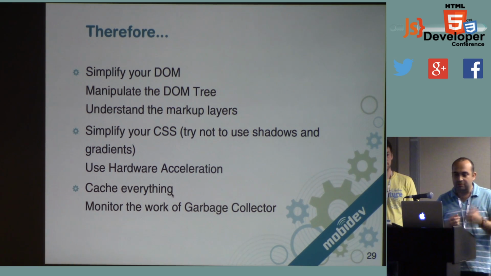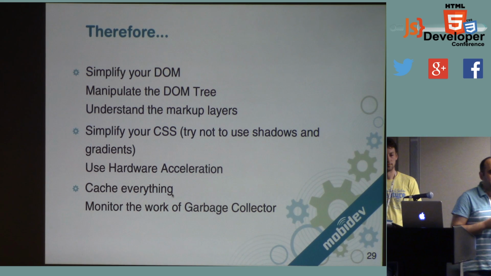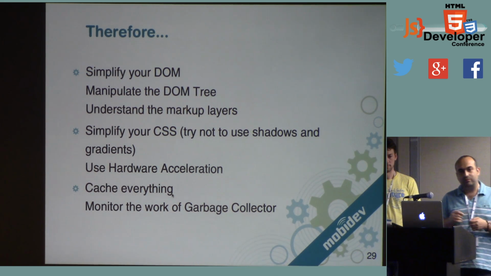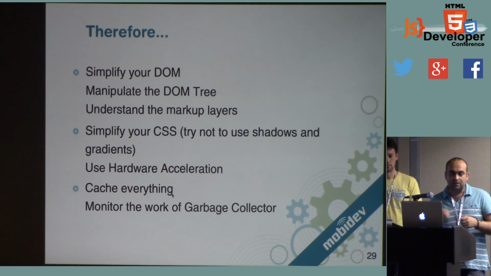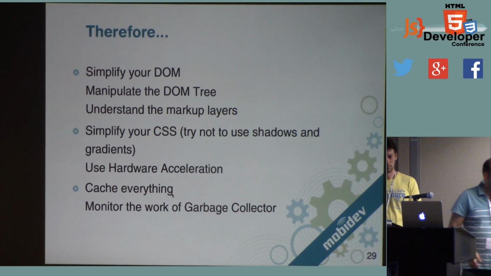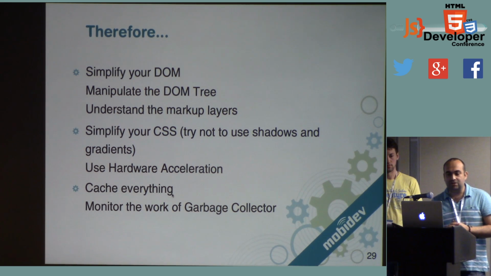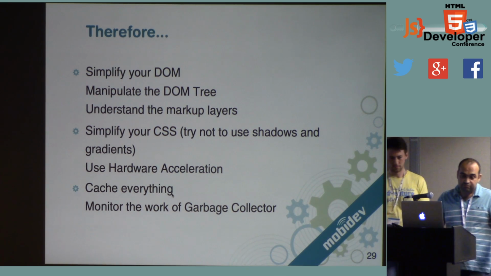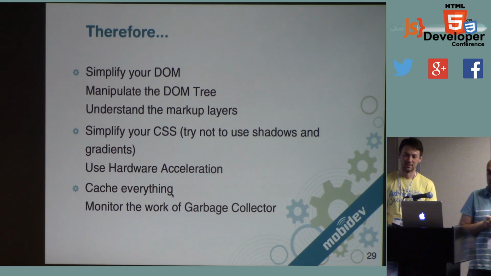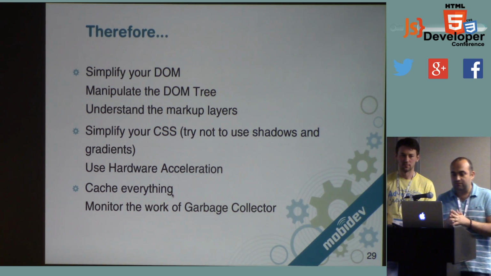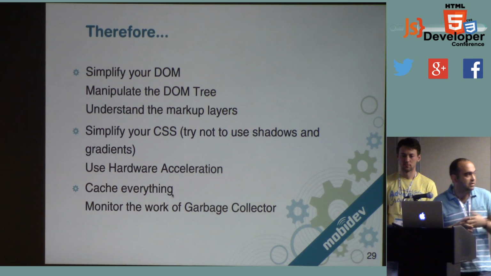Try not to use shadows, gradients, half transparency, because they are very consuming, very heavy operations for mobile processing. Try to use hardware acceleration for your CSS animation, cache everything, and try to monitor the work of the garbage collector.